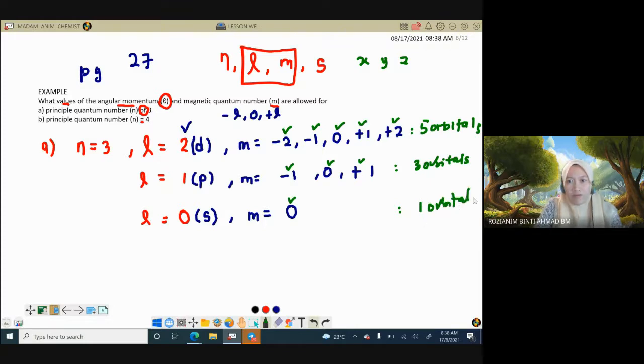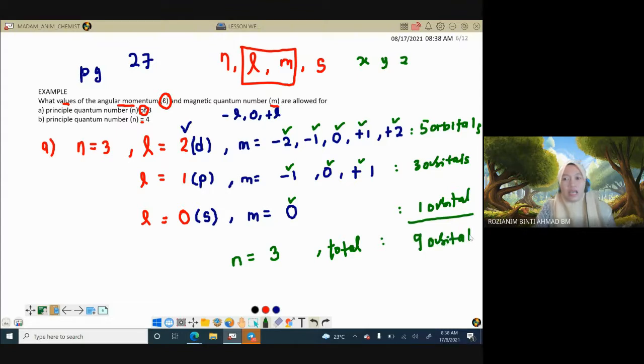So therefore, if we add up of them, sekiranya elektron itu berada pada shell nombor 3 ataupun the principal quantum number is equal to 3, the total orbital is equal to 5 plus 3 plus 1. So this is equal to 9 orbital.